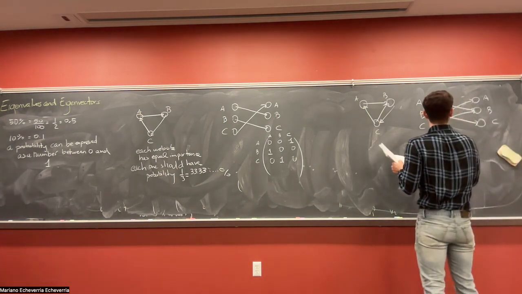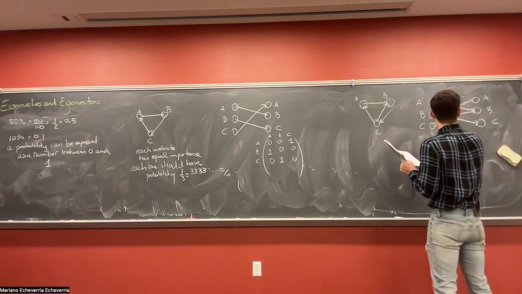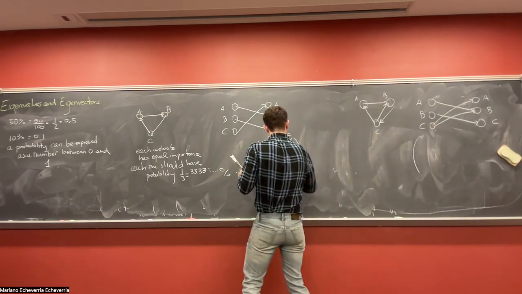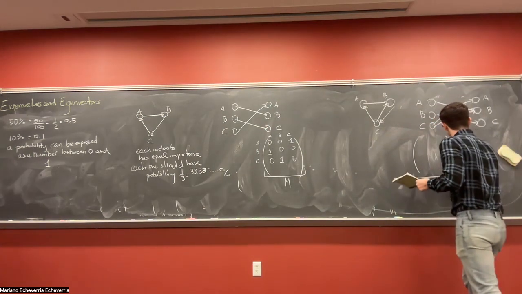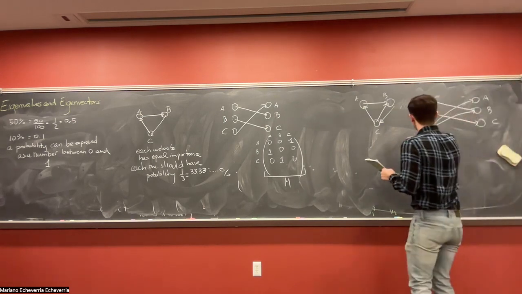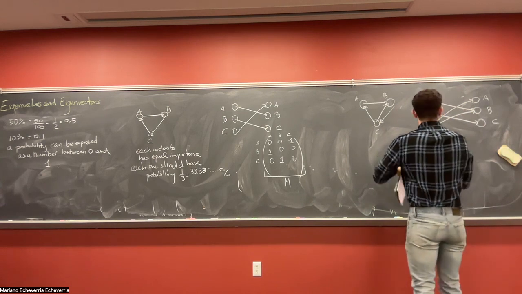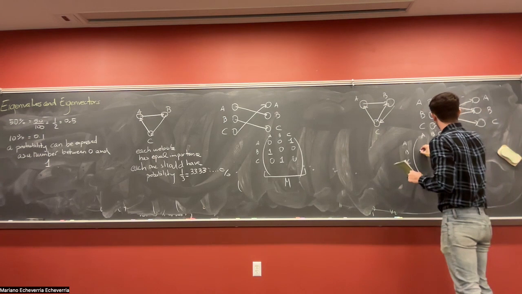Okay. So there's a matrix that you can create here, right? Let's call this matrix M for matrix. Not any particular meaning to the letter I'm choosing here. So again, it's A, B, C, A, B, C. From A to B, there's a path, right?